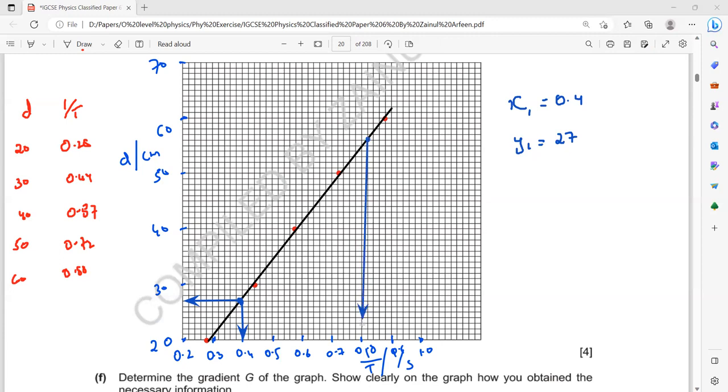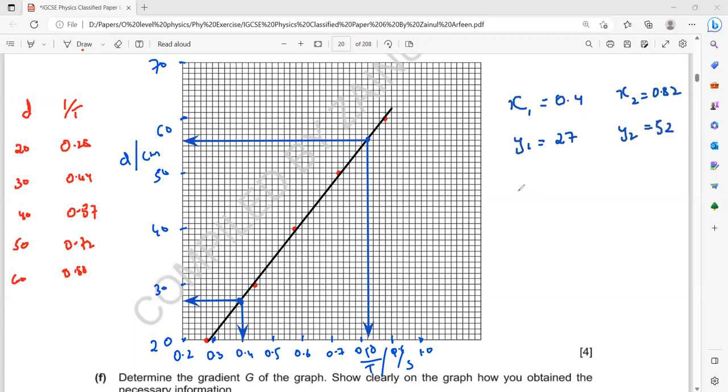The second point on the x-axis is called x2. This is 0.8, after 0.8 2 boxes, so that is 0.82. x2 is equal to 0.82, and y2: 51, 2, 3, 4, 5, 6. So 56, so y2 is equal to 56.